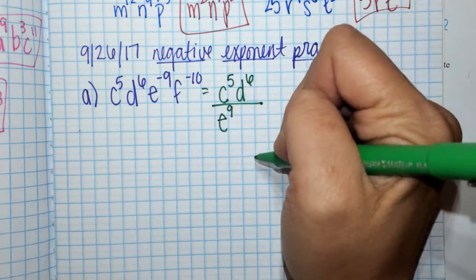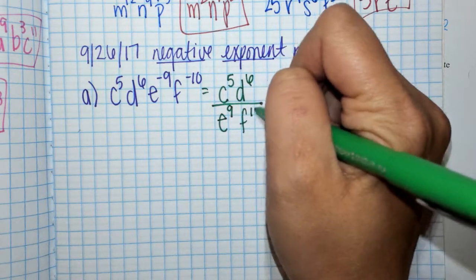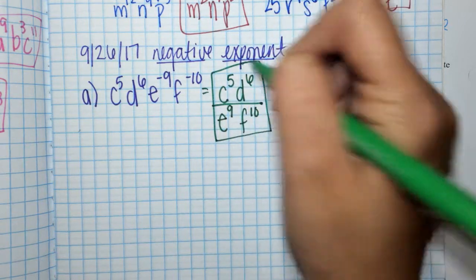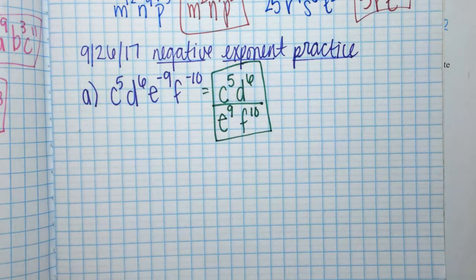It does turn it into a positive. So E to the 9th, F to the 10th. Boom, we're done. This is what we just did on our checkpoint.